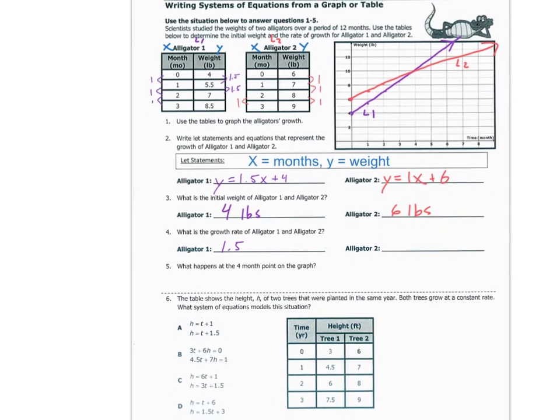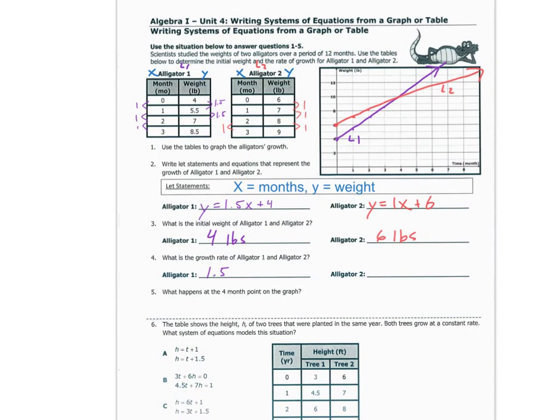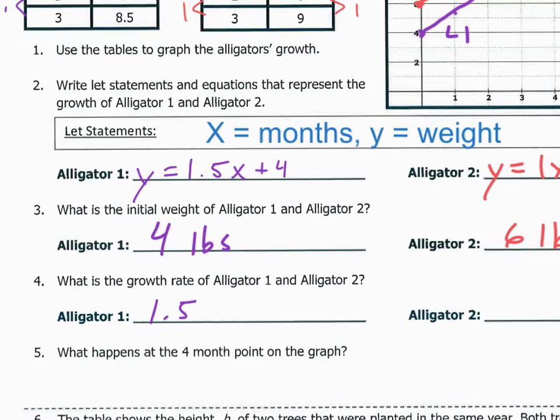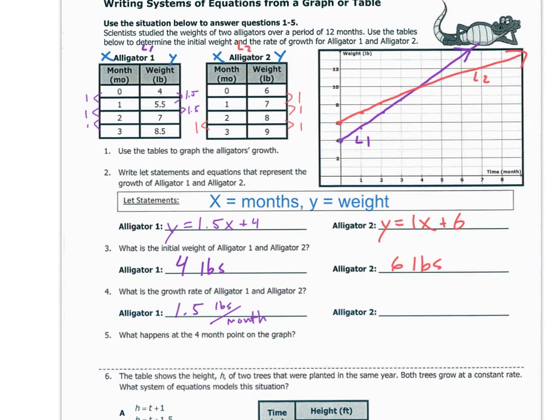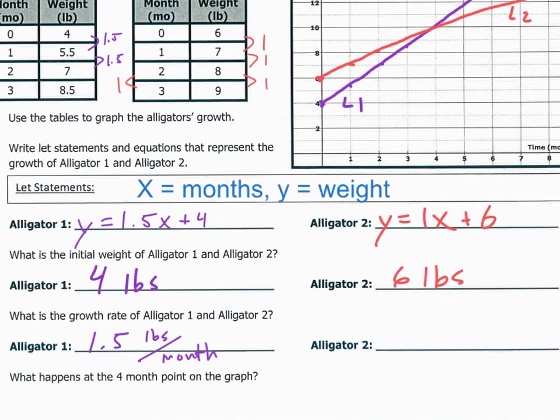So we know that the y is weight, and the x is months. So whenever I write my rate, it's going to be 1.5 pounds per month. Similar for alligator 2, it's just going to be whatever our slope is, and we said it was 1 over 1, or 1, so my rate there is going to be 1 pound per month.